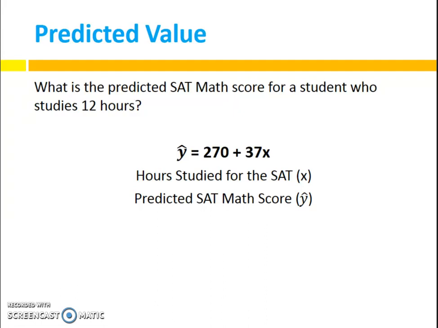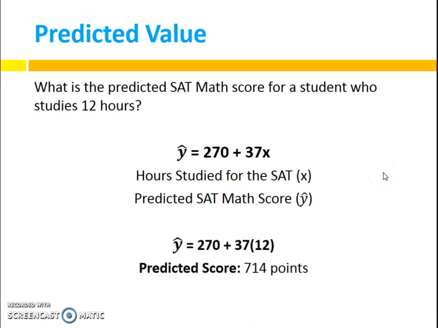Now, if you'll remember me saying, we use our regression line in order to make predictions. So here's an example. We want to use our regression line to figure out the predicted SAT math score for a student who studied for 12 hours. So this equation right here takes hours studied and puts out my predicted SAT math score. So for 12 hours, hours is my x variable, my explanatory variable; the hours studied explains the score.